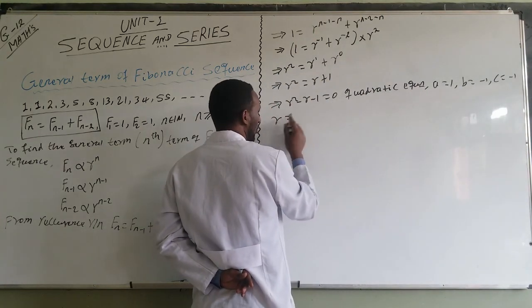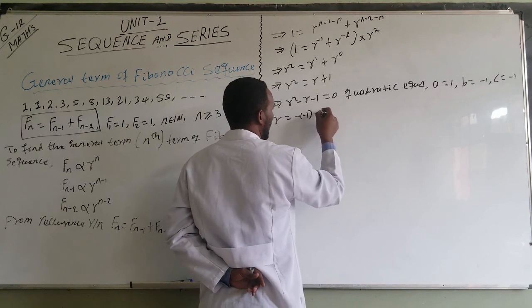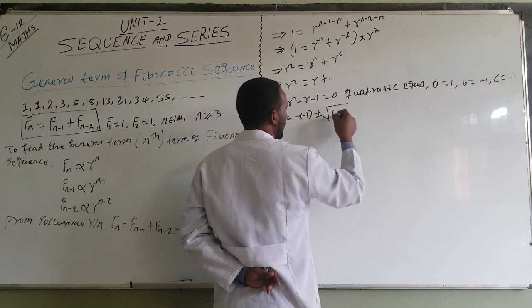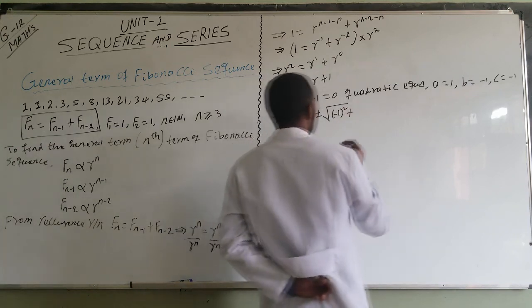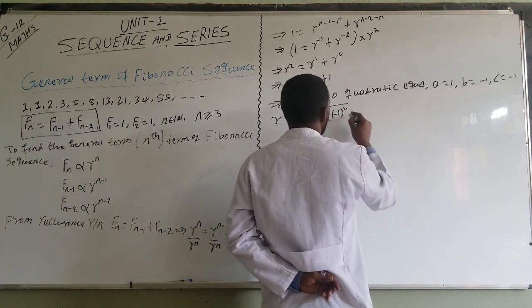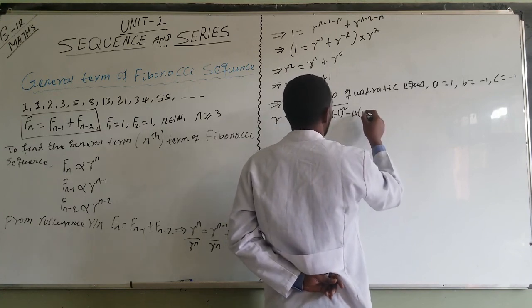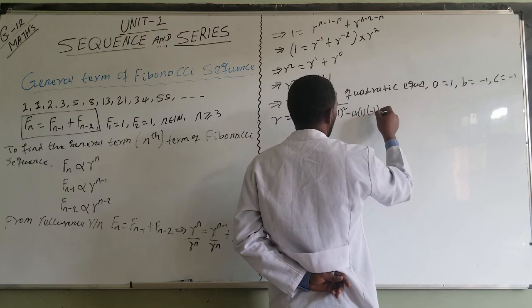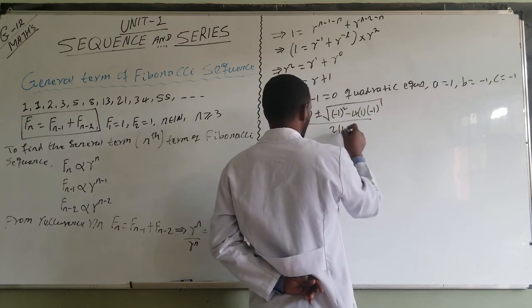Therefore r is equal to minus b, meaning minus of minus 1, plus or minus the square root of b square, meaning minus 1 square, plus minus 4 times a, meaning 1, times c, meaning minus 1, over 2 times a, meaning 1.